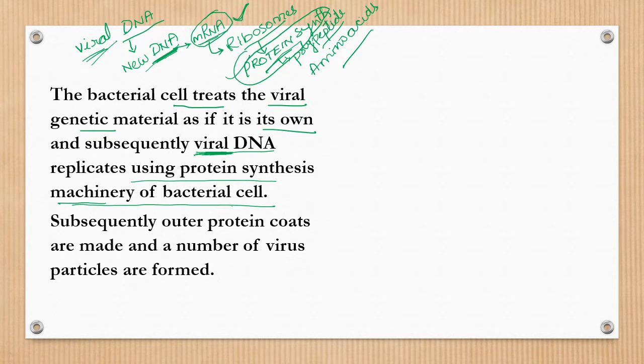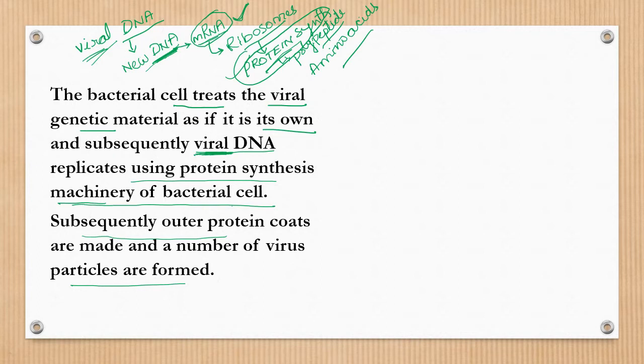Now come to the last point. Subsequently, outer protein coats are made and a number of viral particles are formed. After using this machinery, new DNA is replicated, and a protein coat is synthesized to surround that new DNA, forming new viral particles.